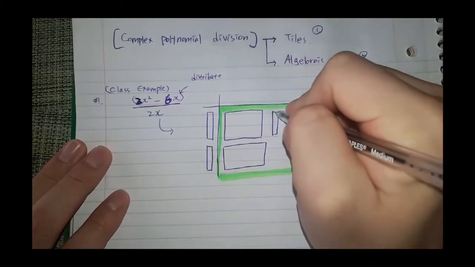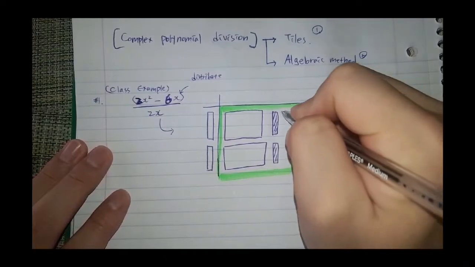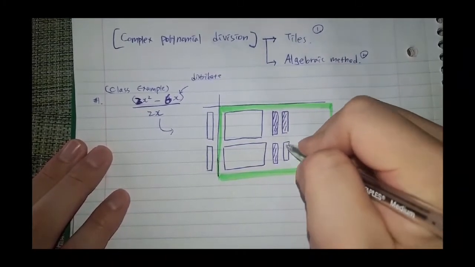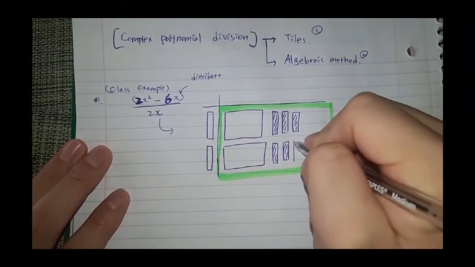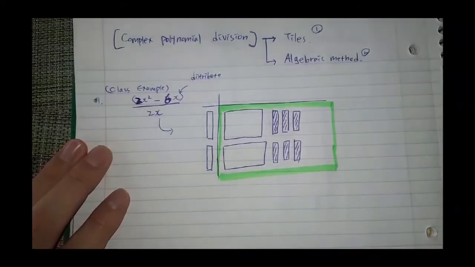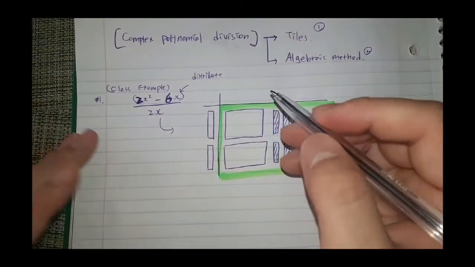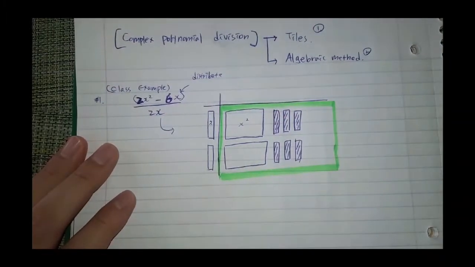So if I distribute it, that can be 1, 2, 3, 4, 5, 6. Something like that. Now, during this process, I need to rethink. An empty strip is x, an empty big square is x squared.